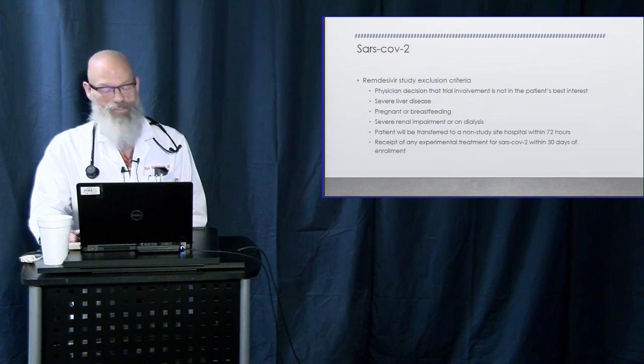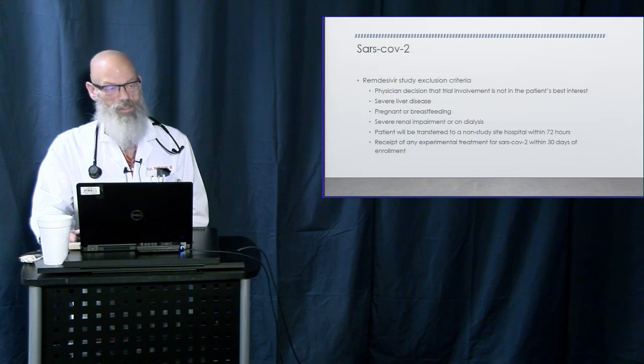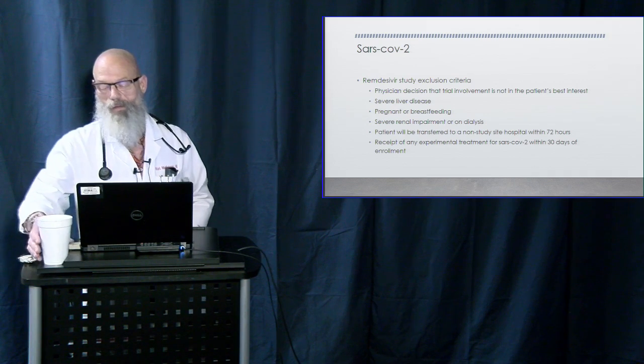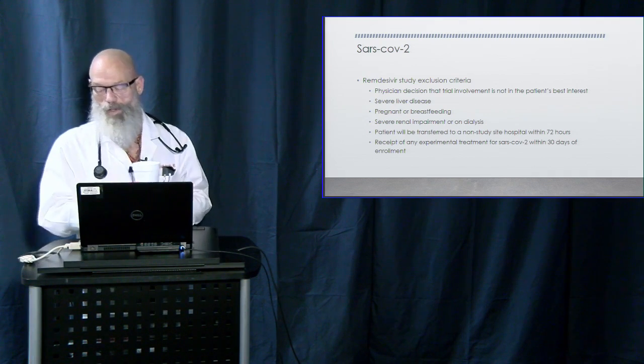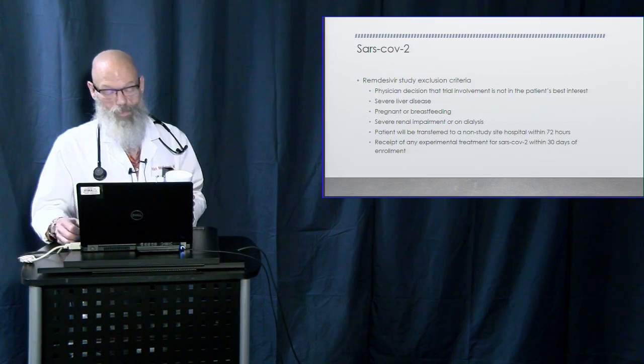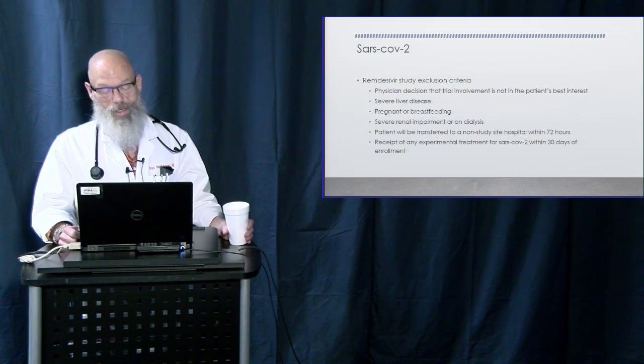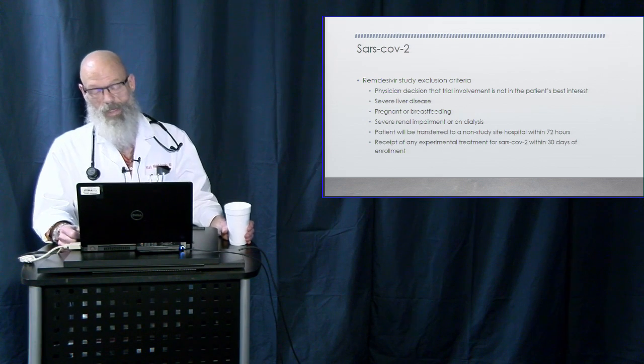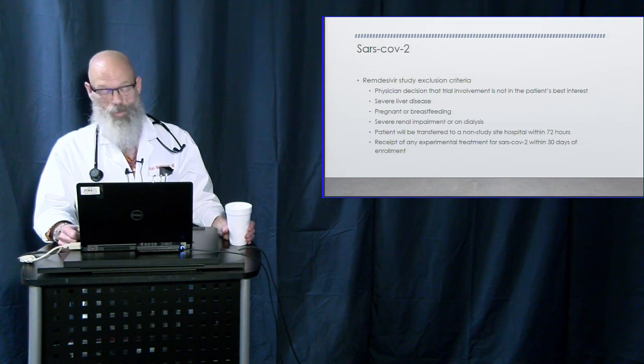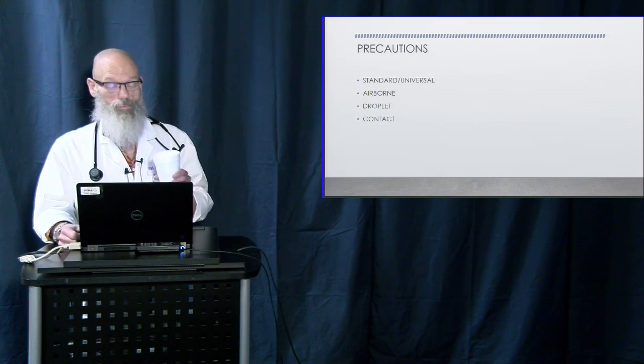They also specified that if a patient is anticipating transfer to a non-study site hospital within 72 hours, they will not be enrolled in this study. And I think the final exclusion criterion was receipt of any experimental treatment for SARS coronavirus 2 within 30 days of enrollment.